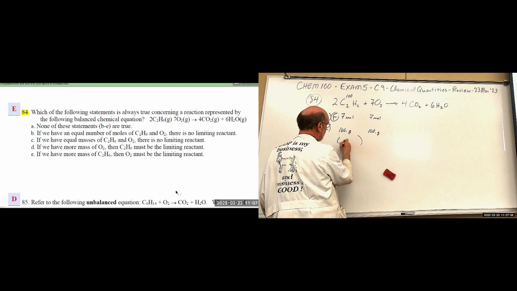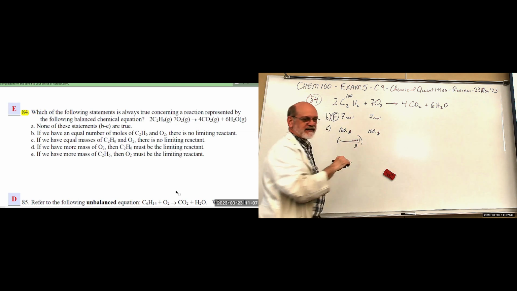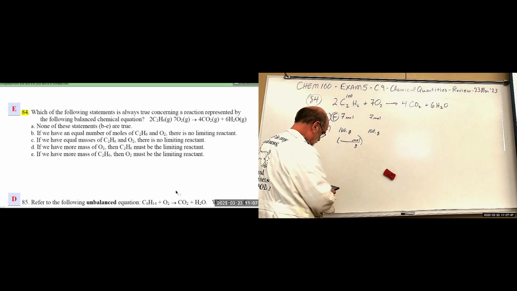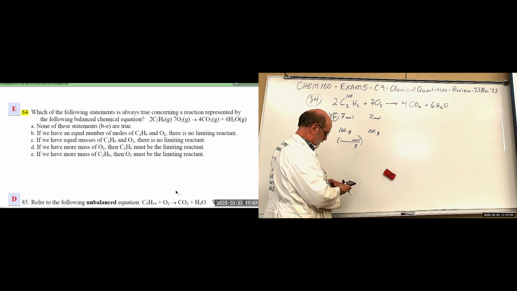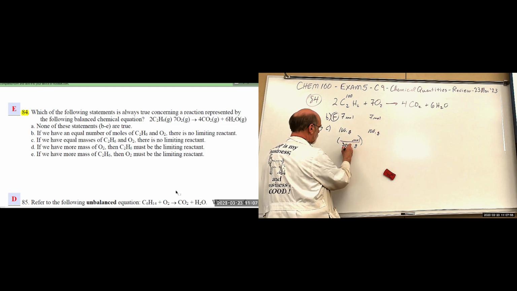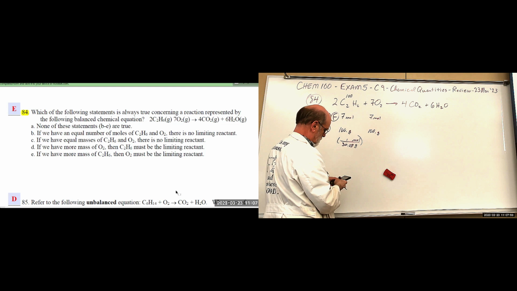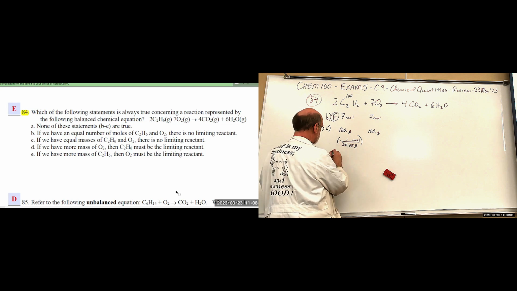We need to multiply by the value that will cancel grams and leave us with moles. C2H6 is 2 carbons, 12.01 times 2, and 6.06 for all the hydrogens. So that's 30.08 divided into 100. There, 3.32.